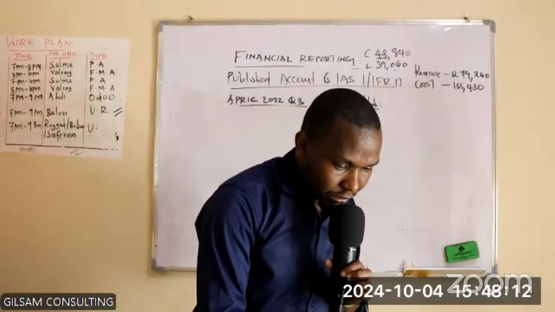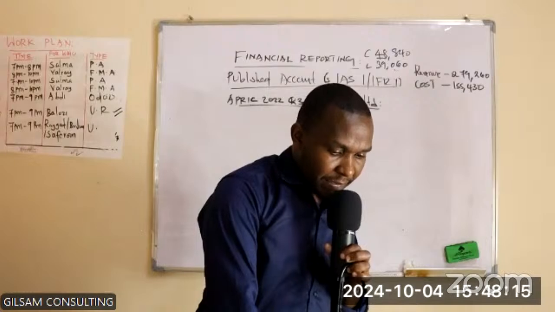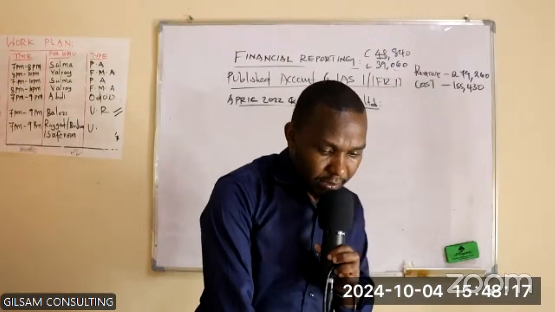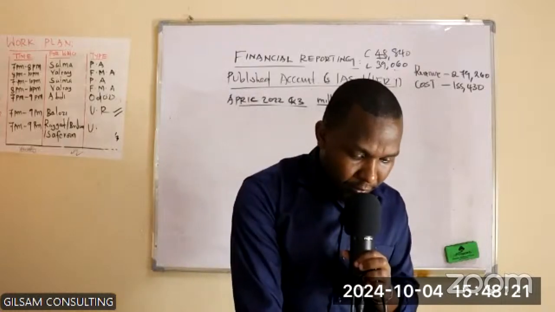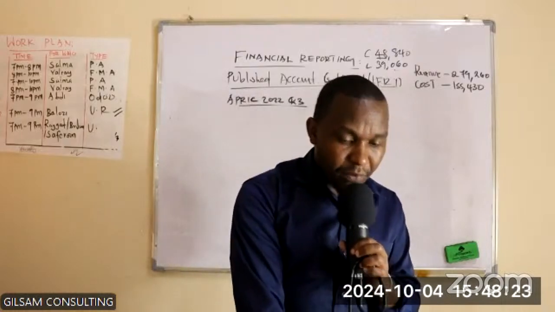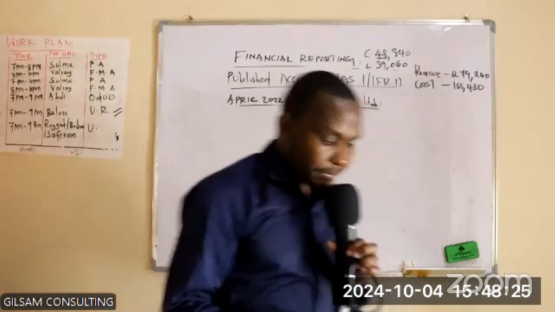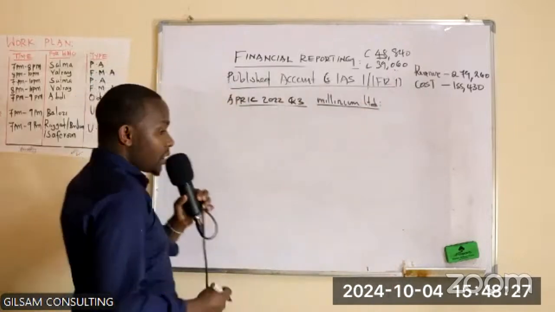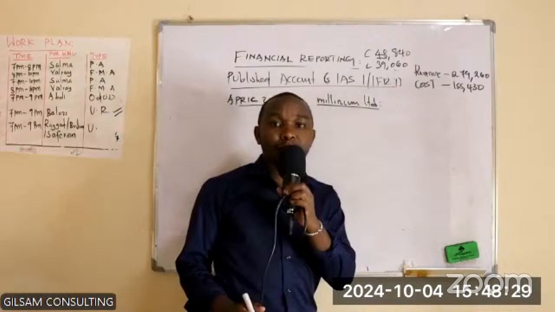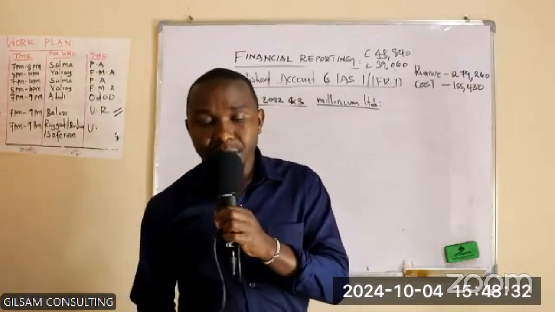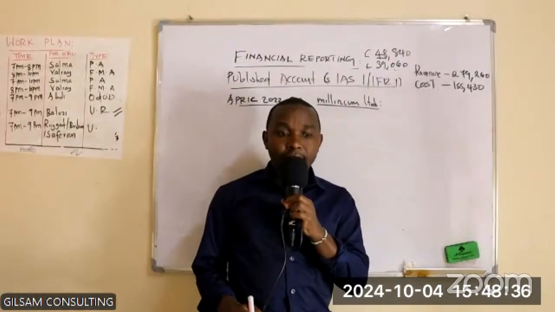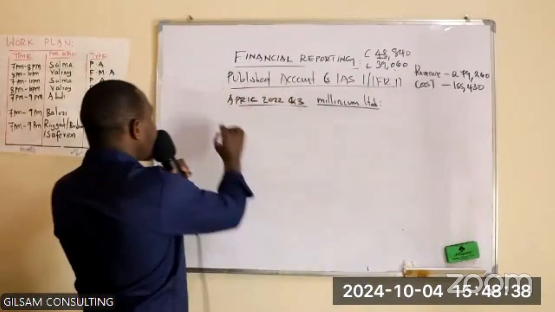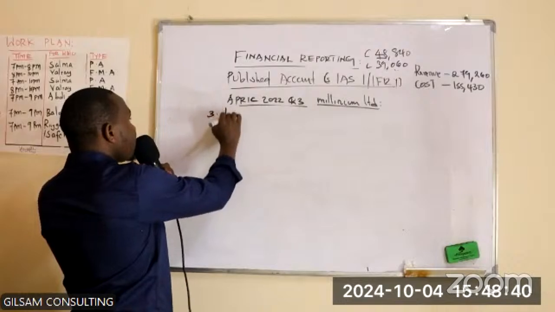But we can do note 3: 6% debentures were issued on 1st October 2020 at par value, and interest on debenture is payable semi-annually. So interest on debenture falls under which class of expenses? It falls under the finance cost. So we will have the finance cost here as note 3.